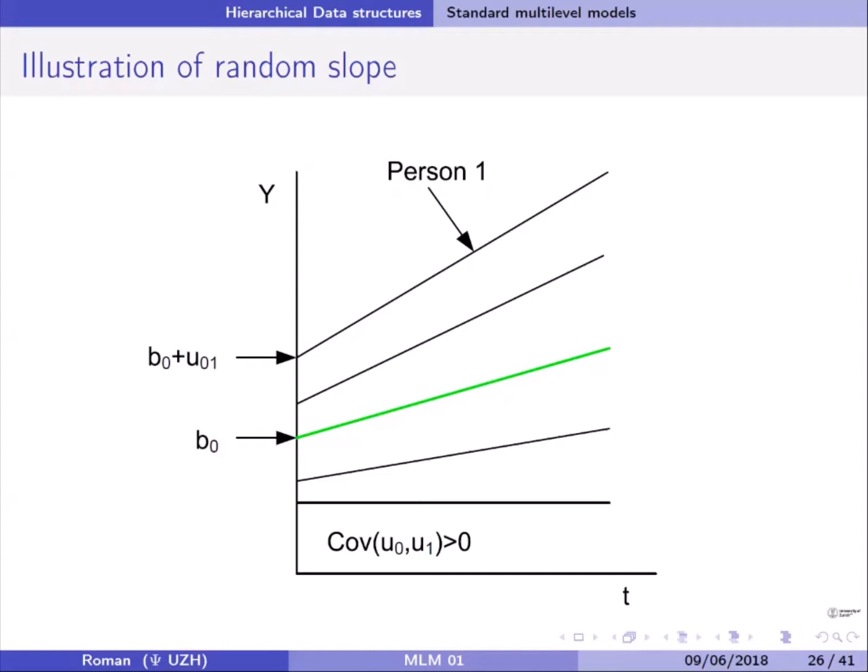That is what this covariance term tells us. Alternatively, if it is maybe a remedial math class or a class for people who are behind, we could have a negative covariance here, where if you have a very high score, you'll see no development, but people with low scores will see more development. This is what the covariance between the random terms tells us about the clusters.